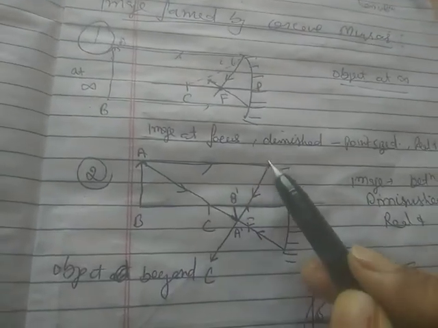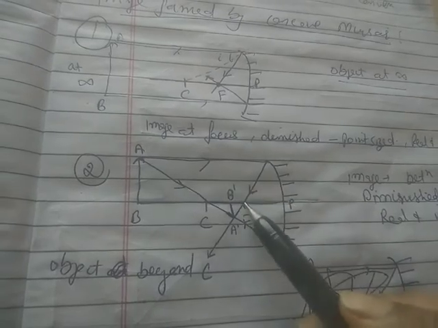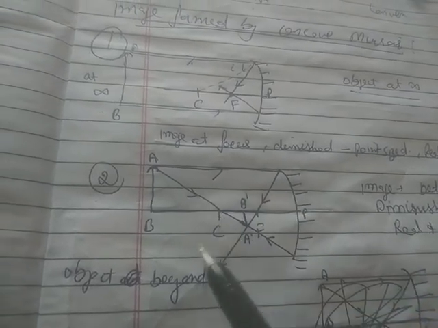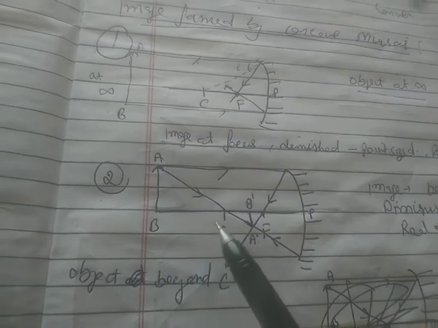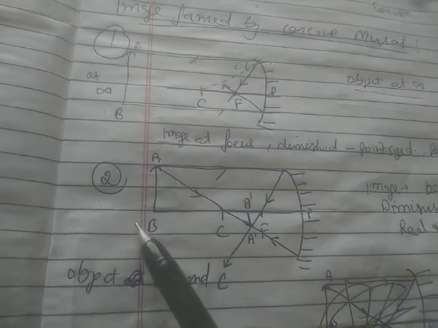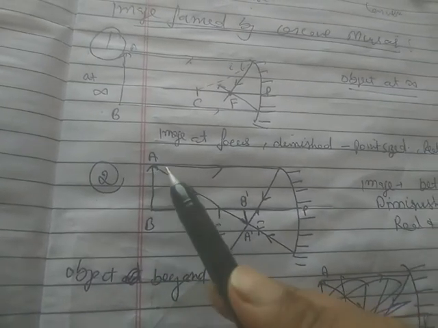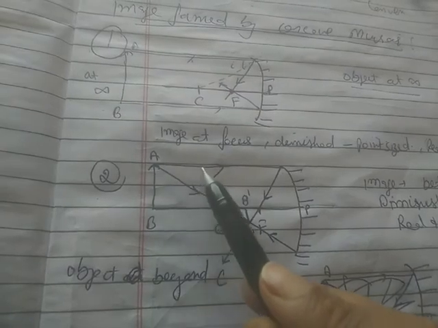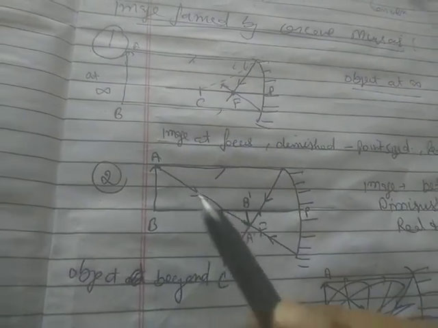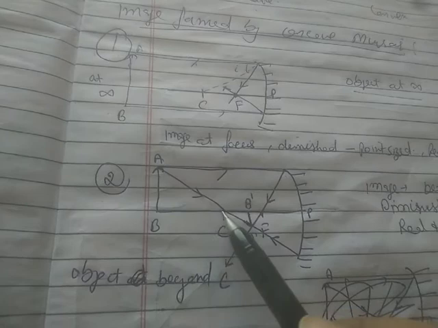And the second case, when the object is beyond C. Same, we have taken the concave mirror, this is the pole, this is the focus, this is the center of curvature, and we have taken that the object is beyond C, okay, beyond. So we have taken 2 rays. First is parallel to the principal axis, and second passes through the center of curvature.